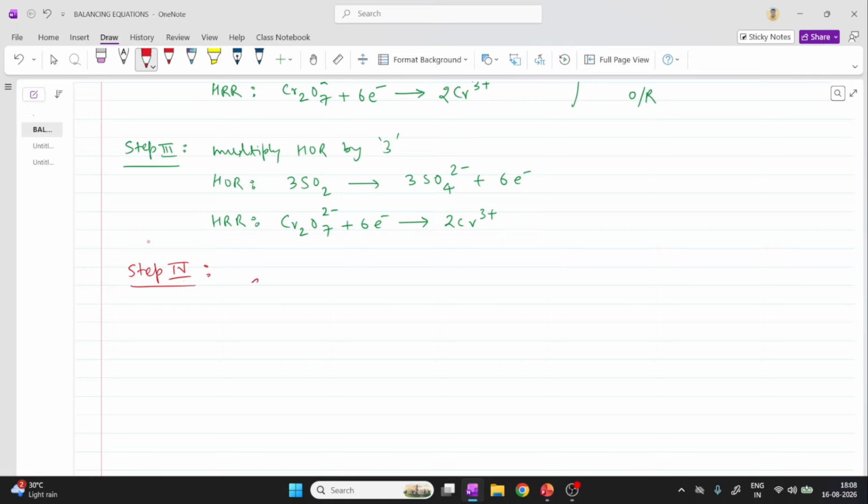I'm directly writing the equation: Cr2O7 2- plus 3SO2 gives 2Cr3+ and 3SO4 2-. So this is the equation we have.